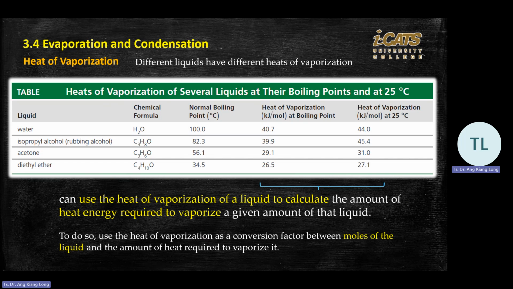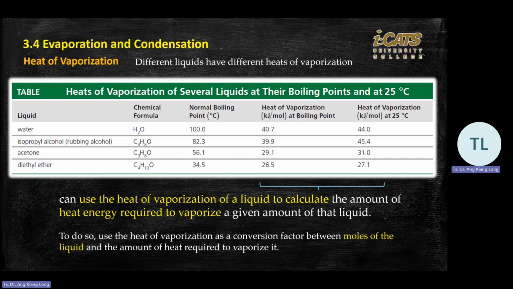So this is just another statement. It's just to tell you, you can use this one as a conversion factor between mole and the amount of heat to vaporize. You see the unit in the table is kilojoule over mole.